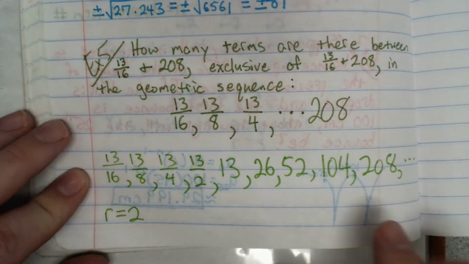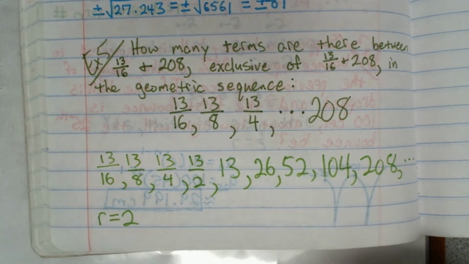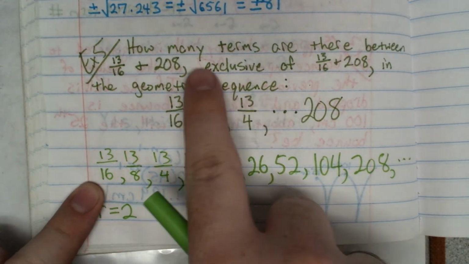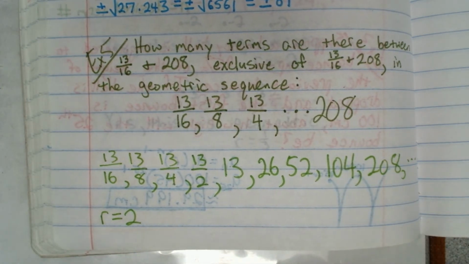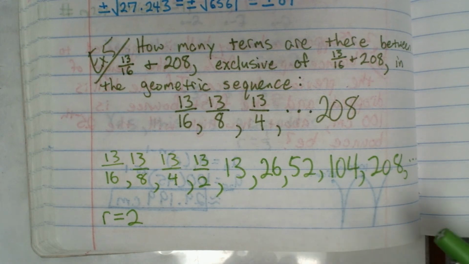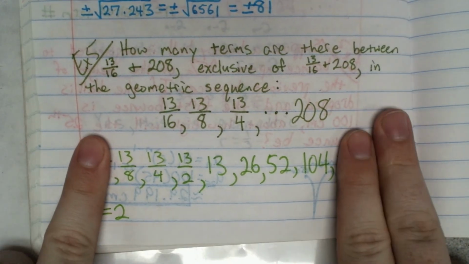Now we want to make sure we're answering the question: how many terms are there between 13 over 16 and 208, exclusive of those two numbers? That means when we are counting up the terms in between, we do not count 13 over 16 or 208.